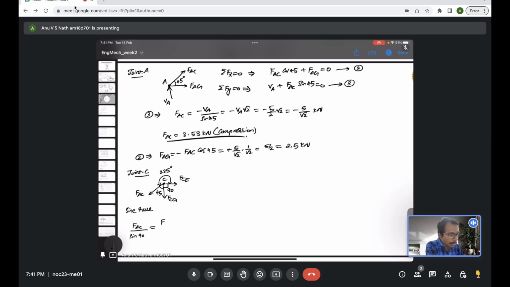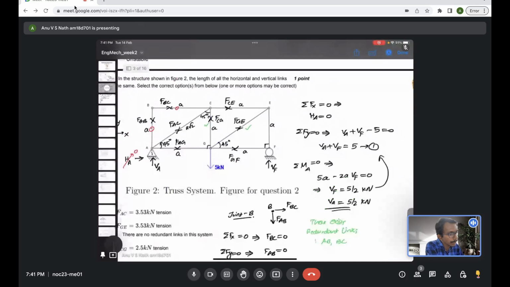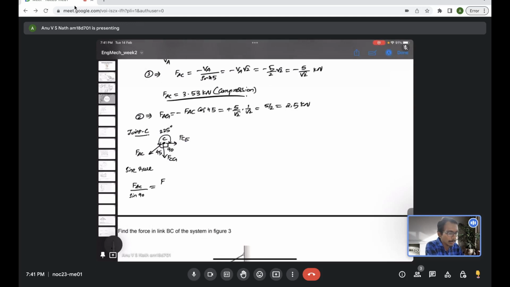Now we actually need FCG. So in this particular question, we need to evaluate FCG only. FCE is not required, but we will write the entire system, like the 3 equations together. So FCG by the sine of the opposite angle. Yes, anyone has any question? Somebody has raised a hand.